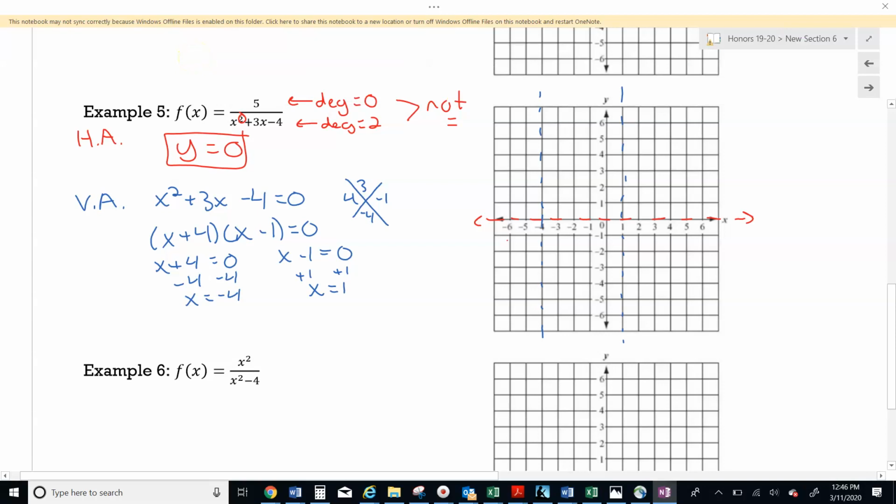For my 4 points here, when I have 2 asymptotes, I need some in each one. I'm going to do 1 point on this side, 2 points in the middle and 1 point over here. So I'm going to choose negative 5.